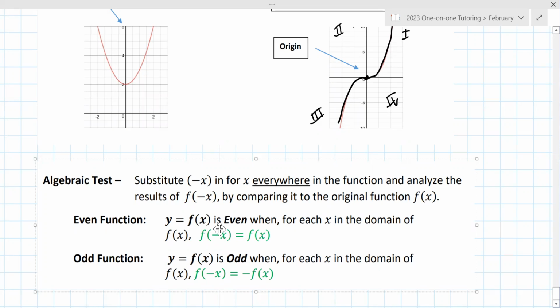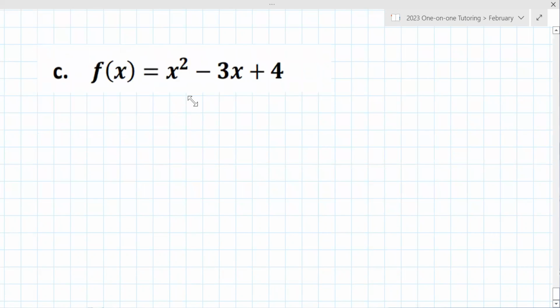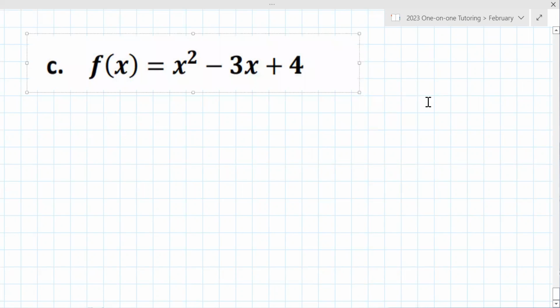Basically, you have to test f of minus x and see if it looks like the original, then factor out a -1 and see if it then looks like the original. So let's look at some problems here. Let's look at this one, and I want you to tell me if it is even or odd. See if you can remember the steps from the other day, or I guess it was yesterday.